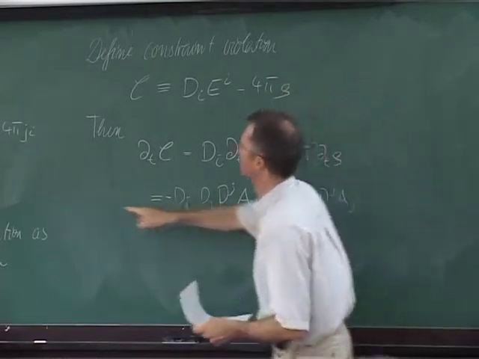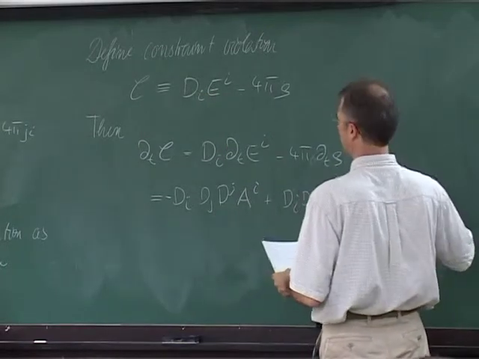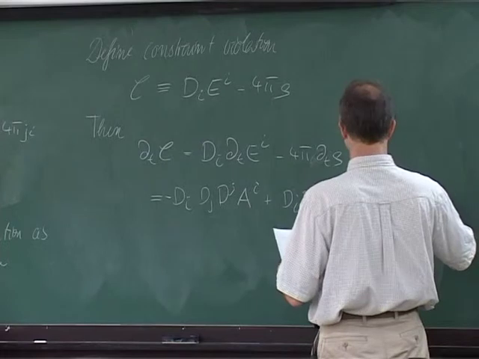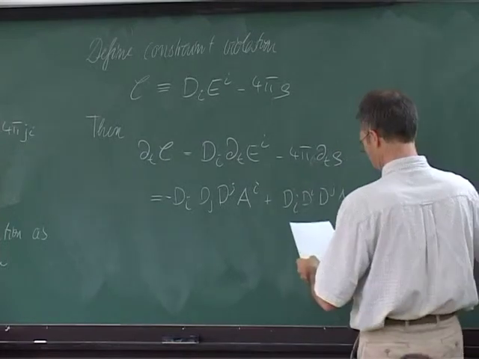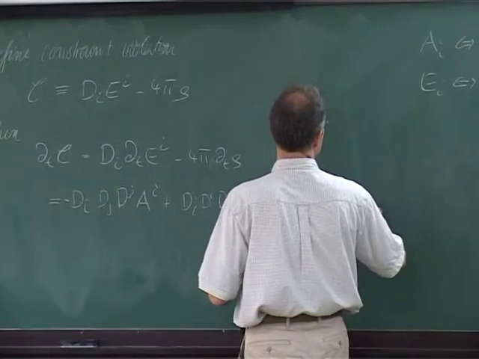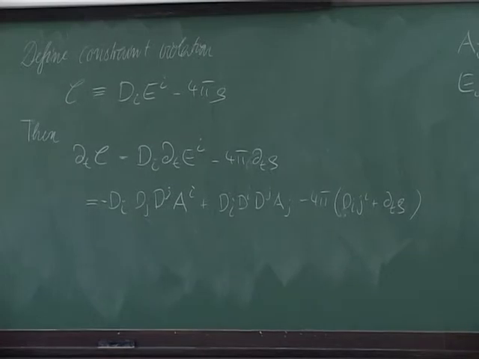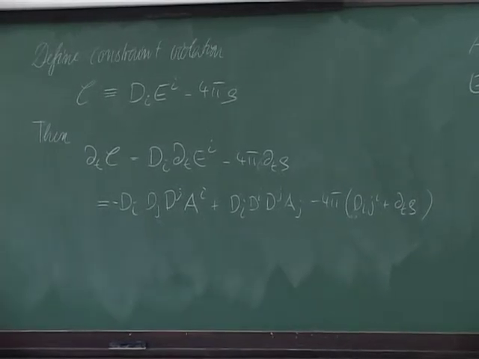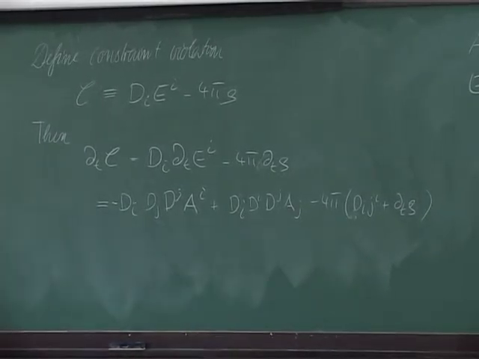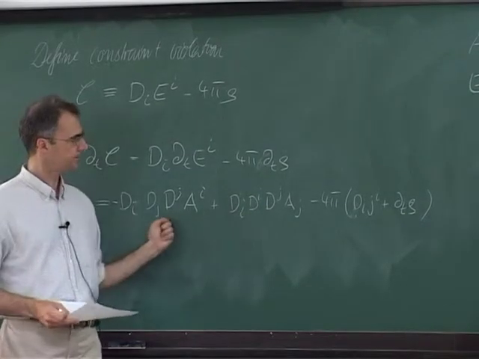And then I also get a term from this, so I can write this as minus 4 pi times the divergence d_i j^i plus partial t rho. Did I do this right? It looks okay? What happens with these two terms?